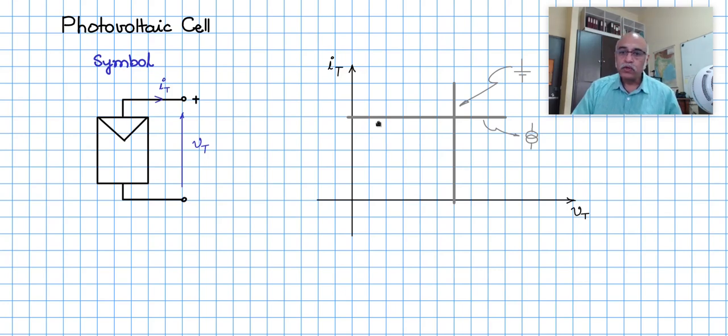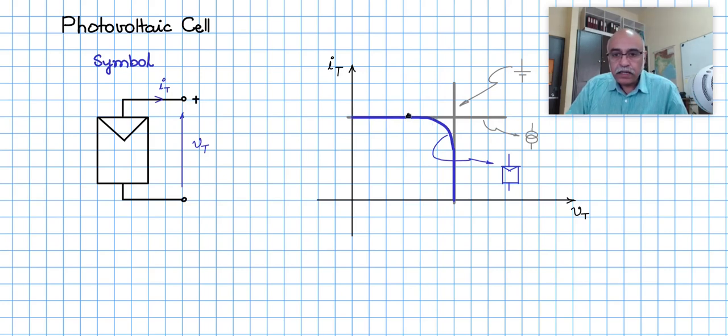The photovoltaic source is neither a current source nor a constant voltage source. It is in fact both. It is a mix of both, and it has a characteristic which is like this. So this curve, the blue curve, is the IV characteristic of a photovoltaic cell or a photovoltaic source.